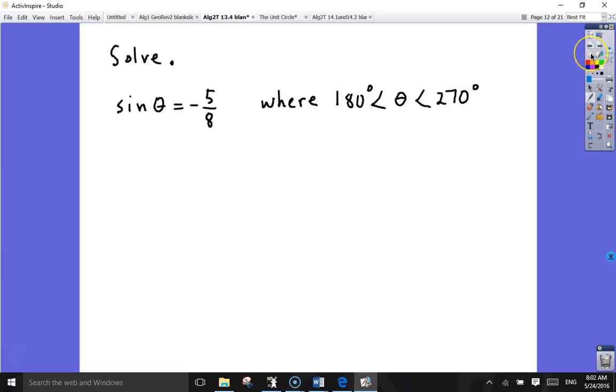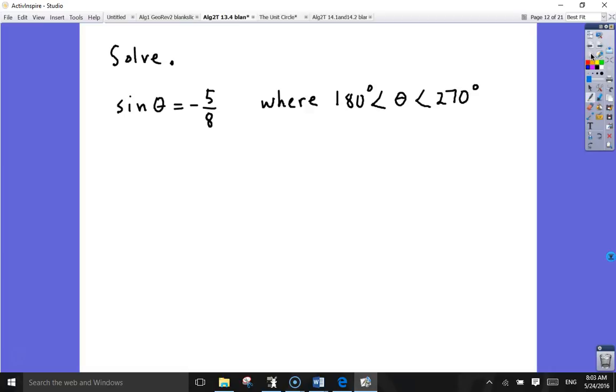Now we can get into solving equations using inverses, which we've kind of already done a little bit. When you do this with right triangle trigonometry, your angles are always between 0 and 90 degrees, so you only have positive values.